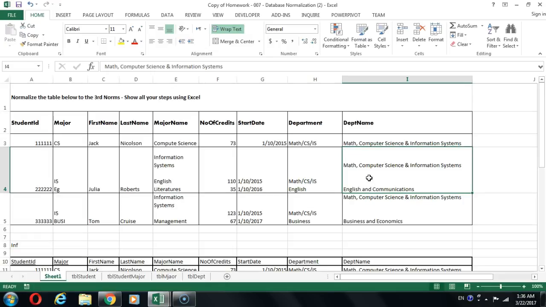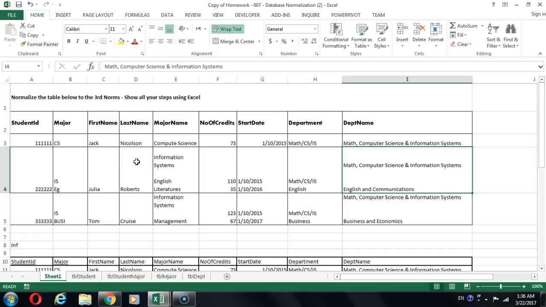So, for example, if we want to keep this in a database, maybe the person is going to have math, computer science and information systems, but because they end up entering the same piece of data here, they might misspell that, or maybe they will enter a different word that has nothing to do with the department. So you could see how easily the data can be distorted.